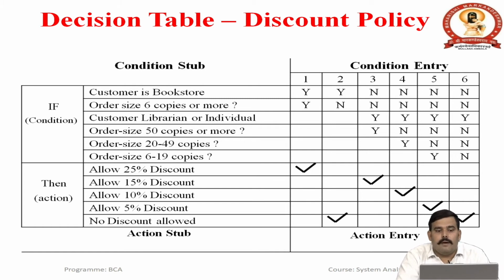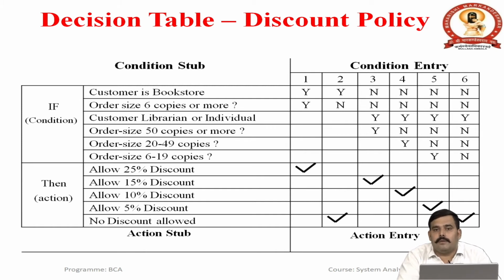It means the customer is a bookstore having an order size of 6 or more copies. Then in the action entry, we have checked allow 25% discount as per the discount policy. If customer is bookstore and ordering 6 or more copies, allow the 25% discount.